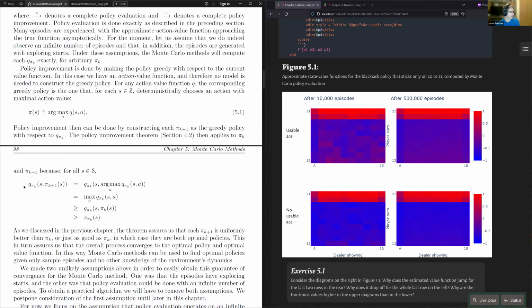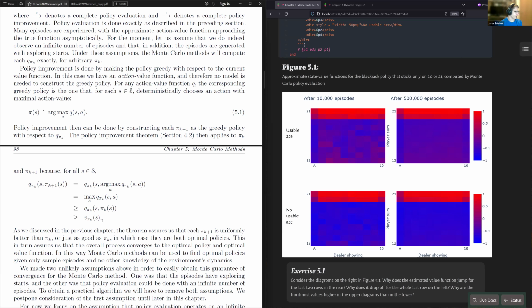This means that taking this new action results in a value estimate at that state which is at least greater than or equal to the value estimate of the state under the previous policy.